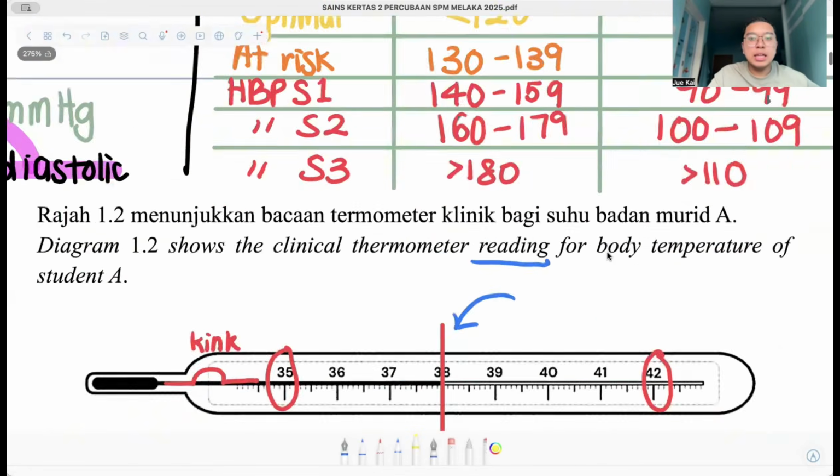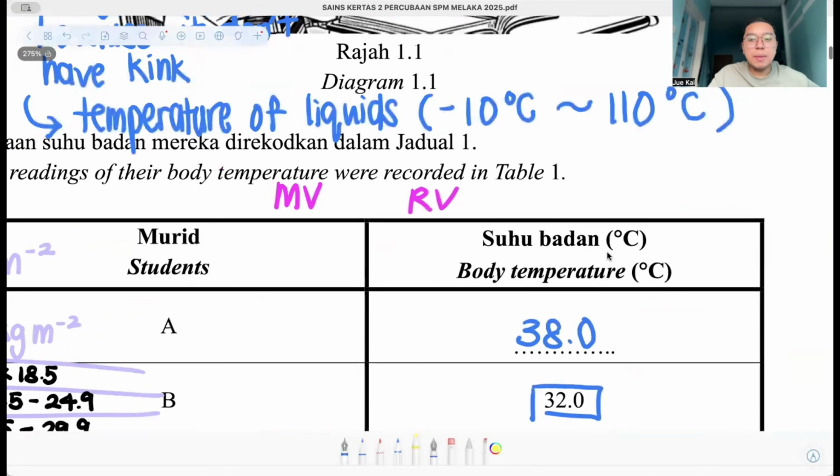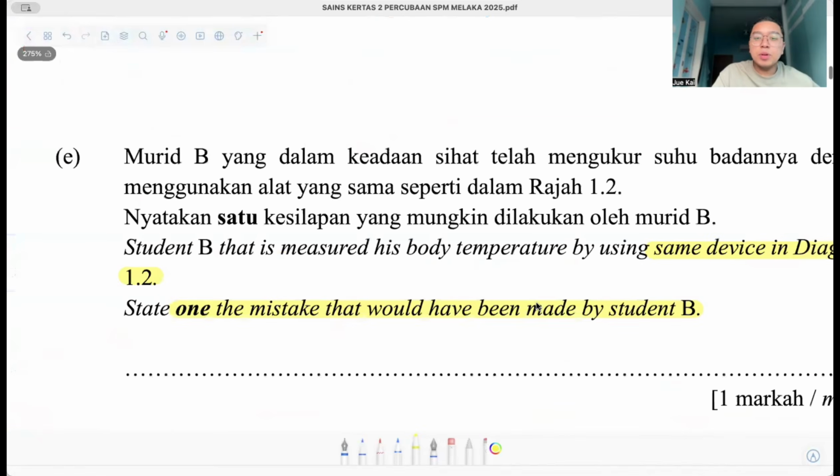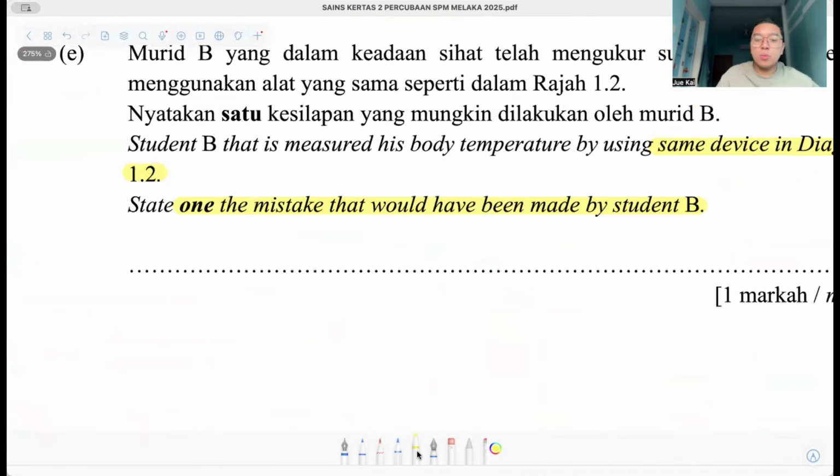You see the temperature, 32.0. It's confirmed there is a mistake. So what is the mistake? You try to tell me the mistake made by the student.